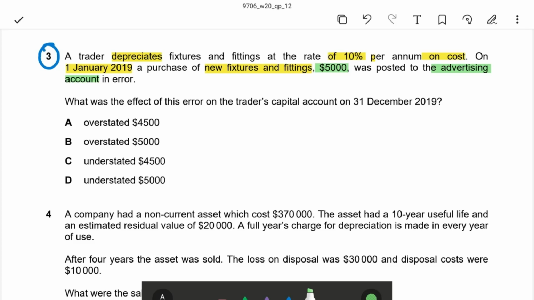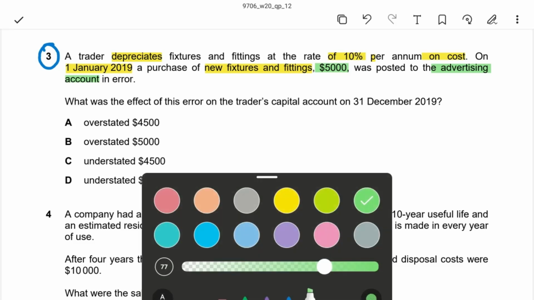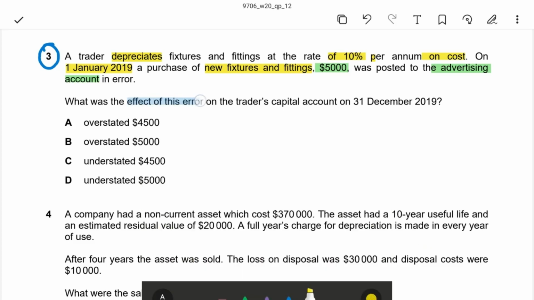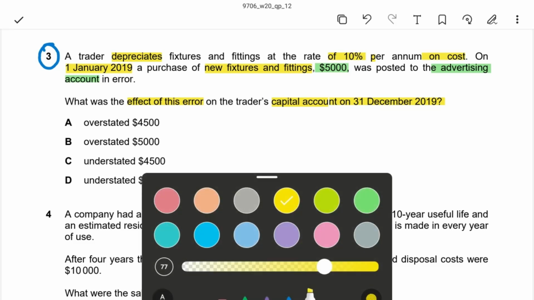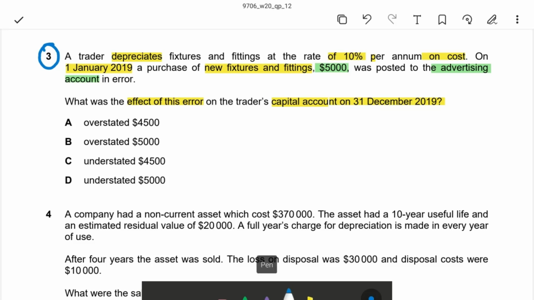So what is the question? The question is, what was the effect of this error on the trader's capital account on 31st December? First we have to work out closing capital.